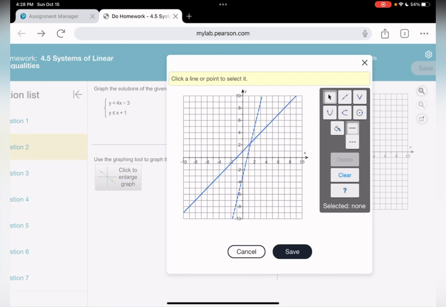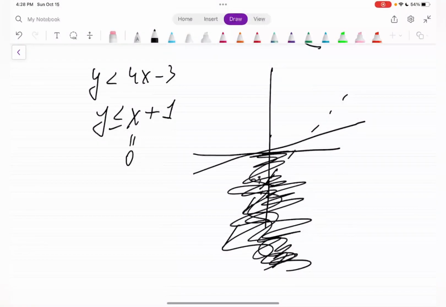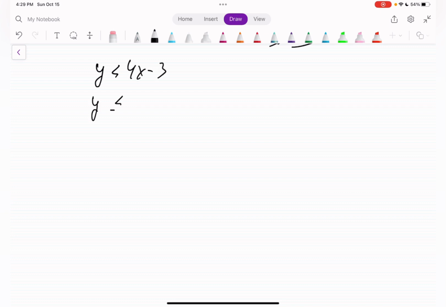Let me take a picture of this and we can figure out what the answer is going to be for this system of inequalities. So, I have y less than 4x minus 3 and y less or equal to x plus 1.